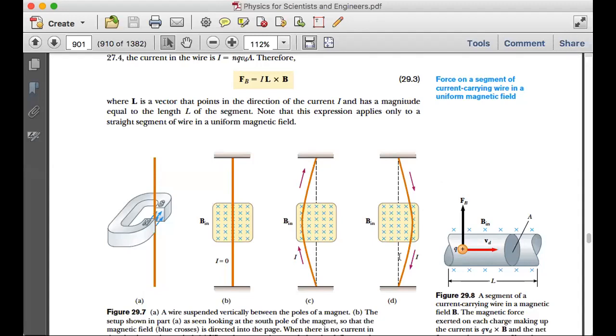So this L should be the other way around, from down to up, which is the opposite direction to this I.